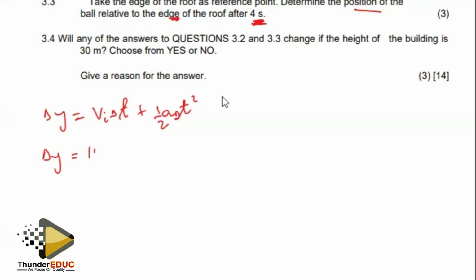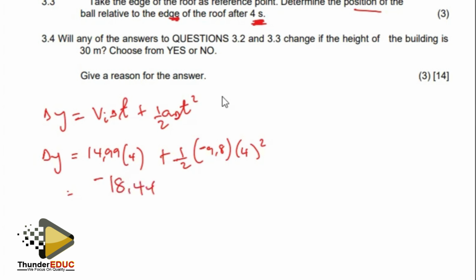So V initial is 14.99, times 4 seconds, plus a half times negative 9.8 times 4 squared. If I punch that into my calculator, that gives us negative 18.44.